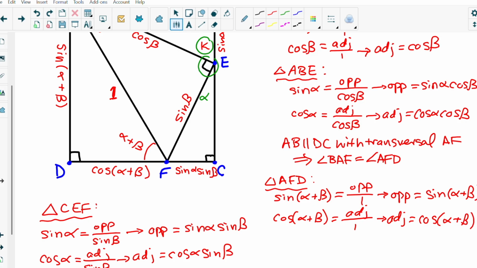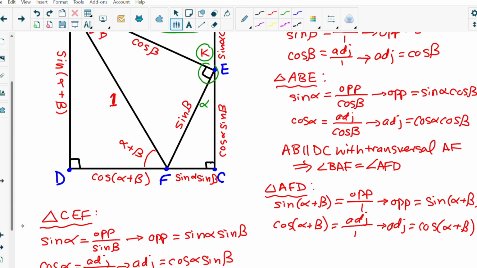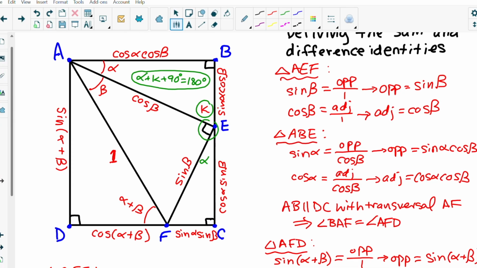Let's fill that in. Cosine of alpha, sine of beta. Okay? All right. What will I do with all this?